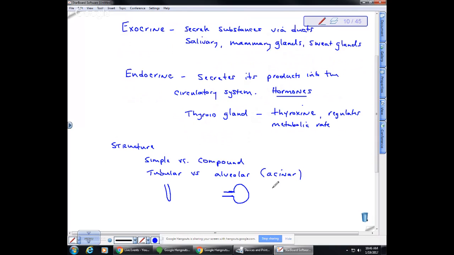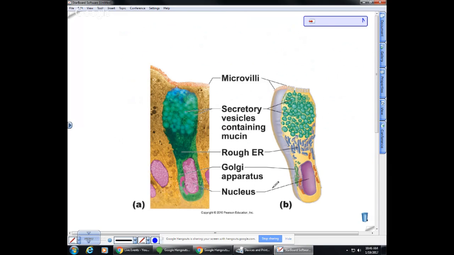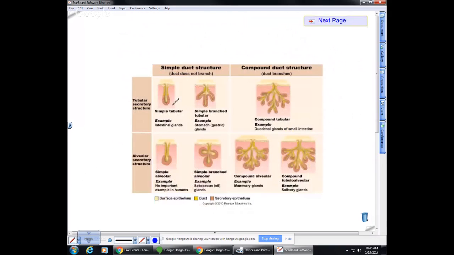So if we look at a diagram that shows these, this is the simple tubular, this is branched, this is compound. Notice how there are many, many branches. The small intestine would be an example of that. Here's the alveolar.